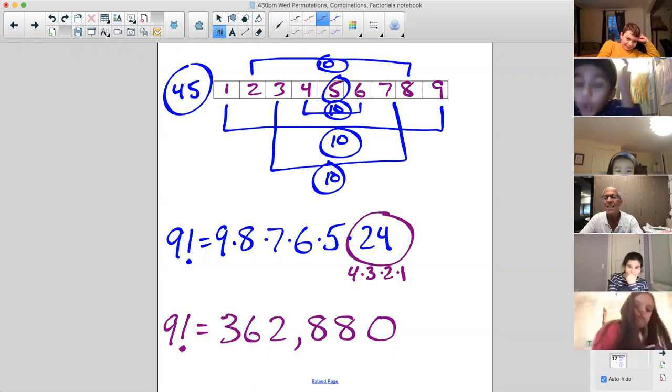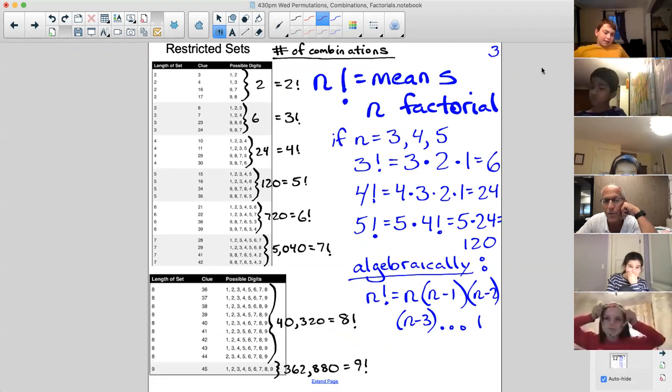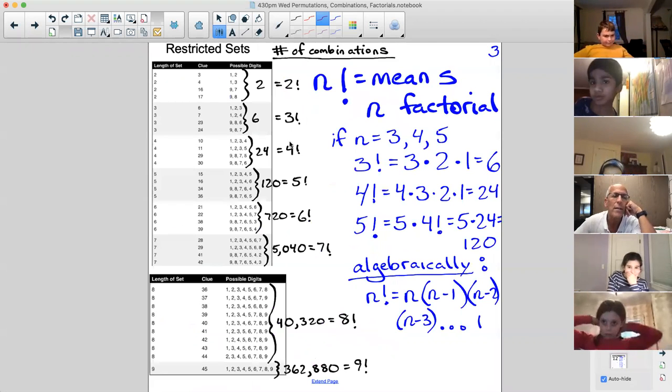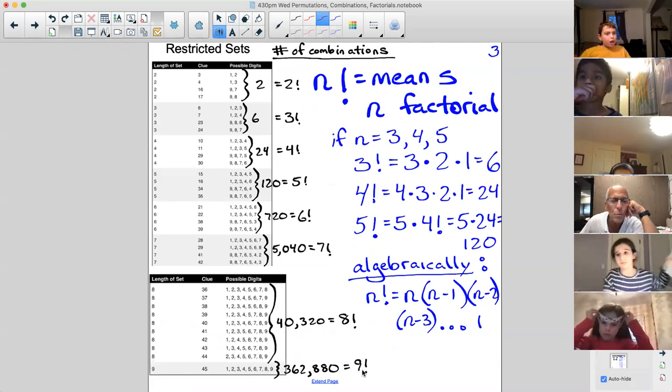Now, let's look at a little chart. I created a chart on page 3 where I look at all the permutations of 2 factorial, 3 factorial, all the way to 9 factorial.